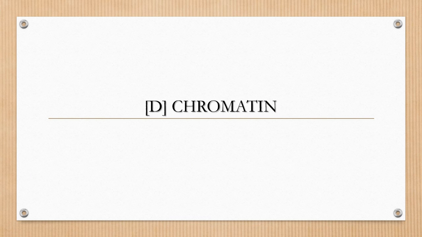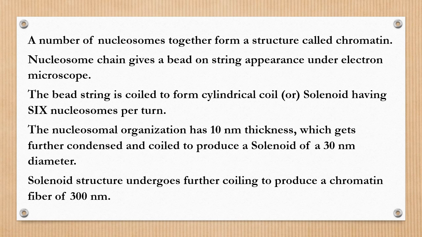Now, chromatin. A number of nucleosomes join together to form a structure called chromatin. The nucleosome chain gives a bead-on-string appearance under the electron microscope. The bead string is coiled to form a cylindrical coil, or solenoid, having 6 nucleosomes per turn.